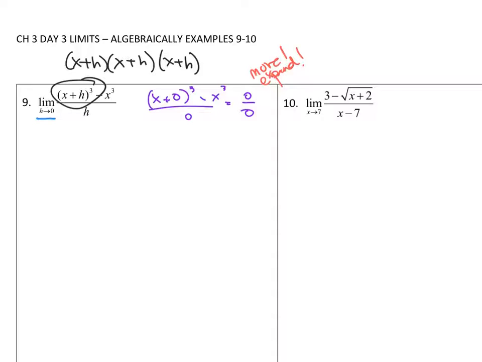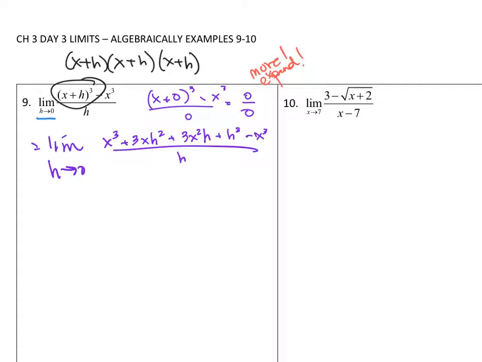So if we expand that, we now have the limit as h goes to 0 of x cubed plus 3x squared h plus 3xh squared plus h cubed minus x cubed over the h. And of course, we keep simplifying.